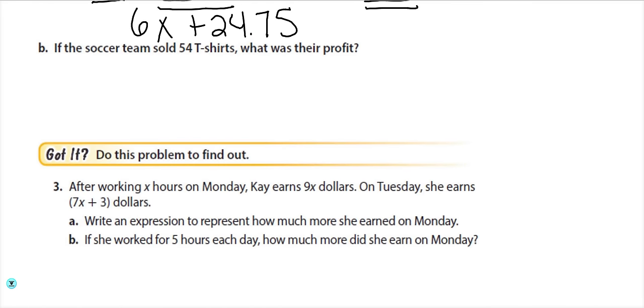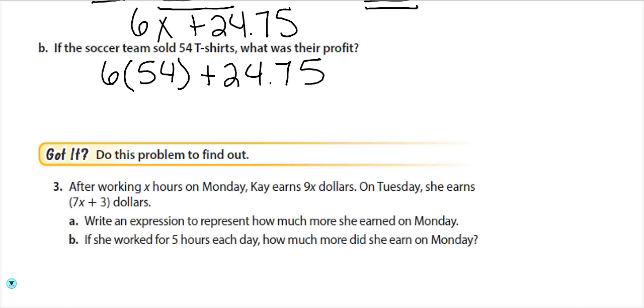All right, let's take a look at letter B. It says, if the soccer team sold 54 t-shirts, what was their profit? Okay, so let's take a look. So x represented the number of shirts. So if I have 6x and we're selling 54 of them, and then plus my $24.75. Okay, so let's go ahead and work out what 54 times 6 is.